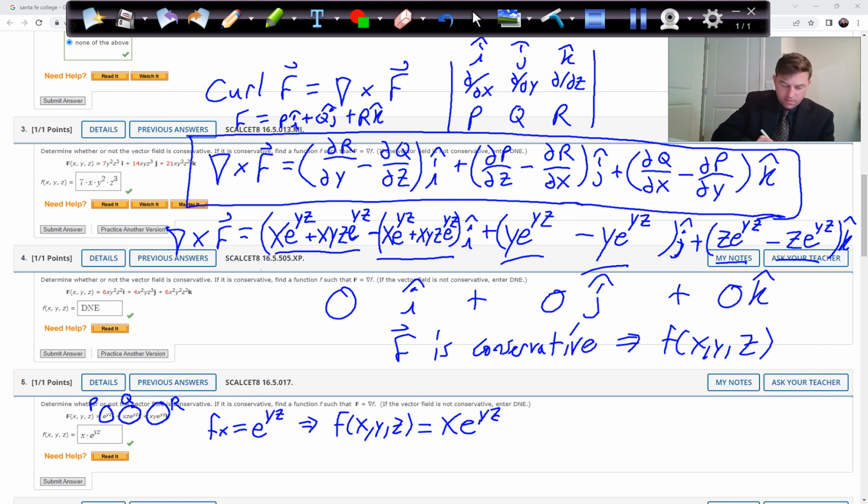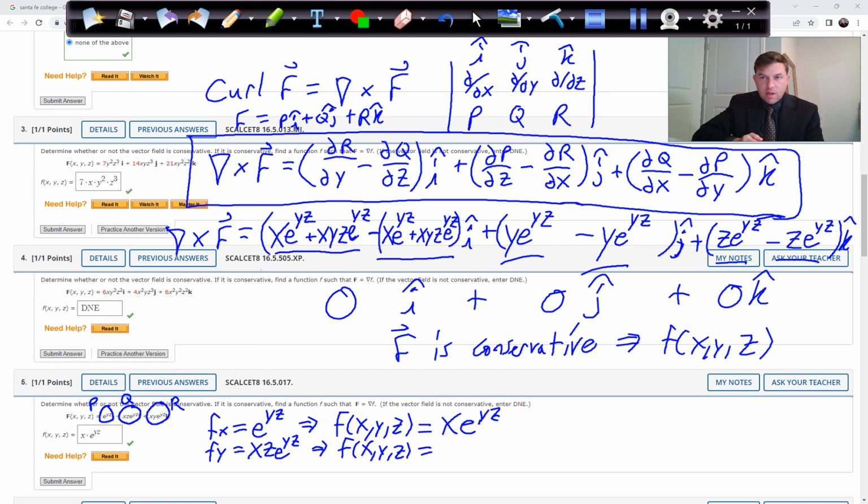Then we would have fy should equal the second term, xz times e to the yz, which implies that for this function, we take an antiderivative of this term with respect to y. If y is my variable, then when I take a derivative of this, the z will come down.